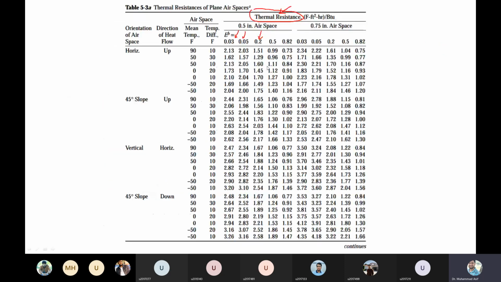So from this table, you need to know the thickness of the airspace, the airspace mean temperature and the temperature difference between the two surfaces. And what is its orientation? The heat transfer direction is horizontal, at 45 degrees, or in the vertical direction. So accordingly, you will calculate the thermal resistance in the airspace.